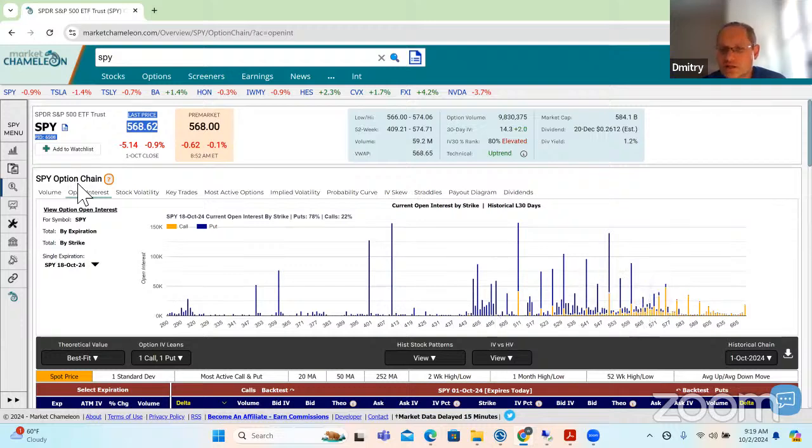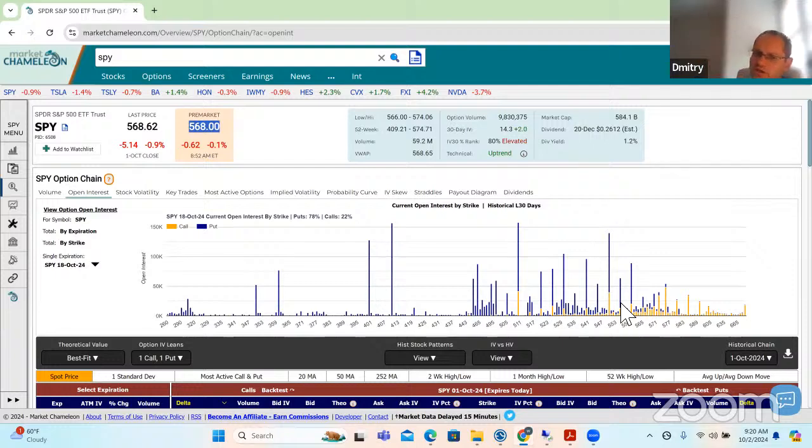So there's nothing like clustering around the current spot price. It's really most of that open interest are downside strikes, right? The first one maybe hits around here, 561 strike, 560, but then you could see the next one will be like the 550.